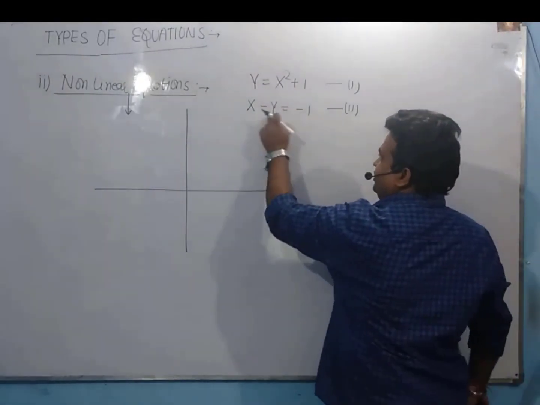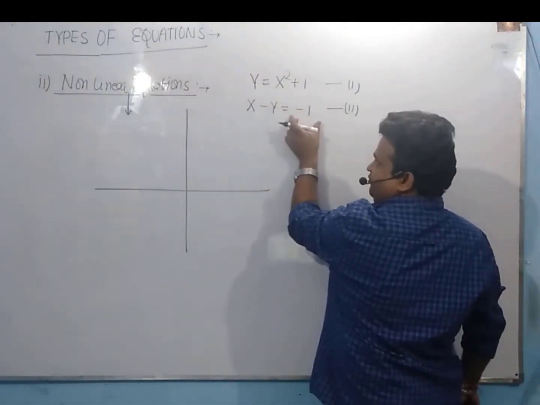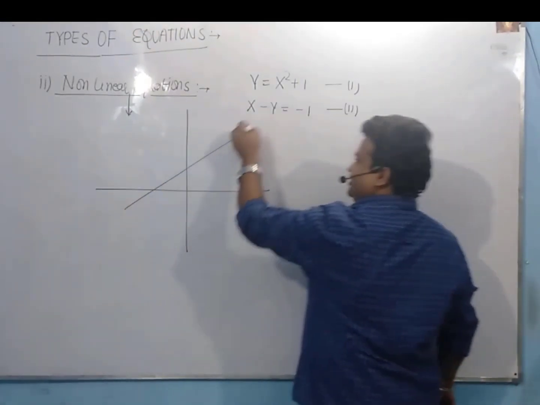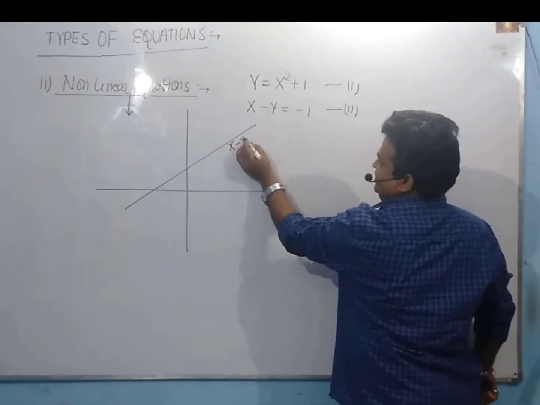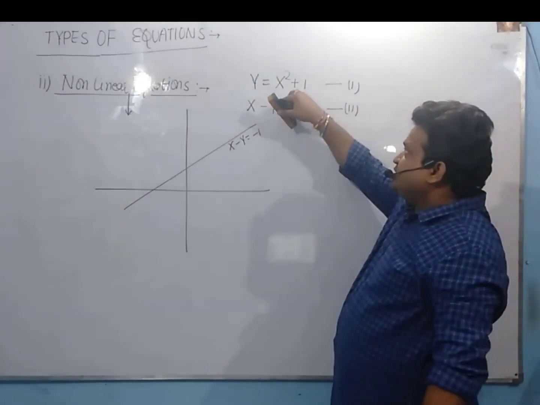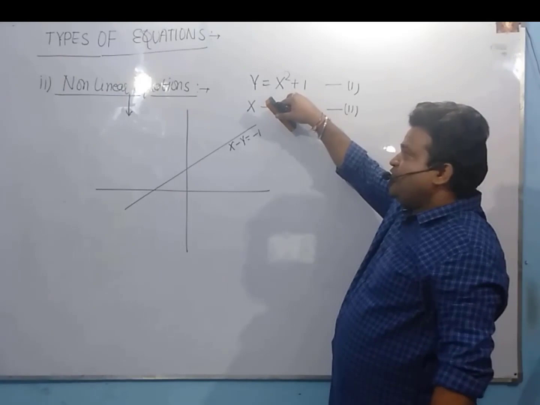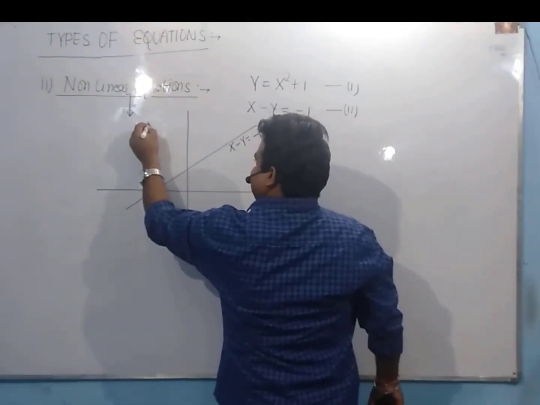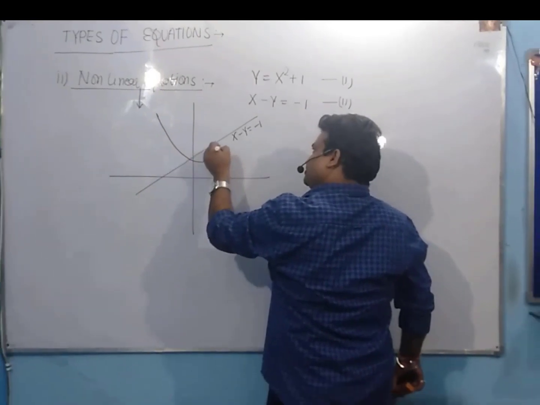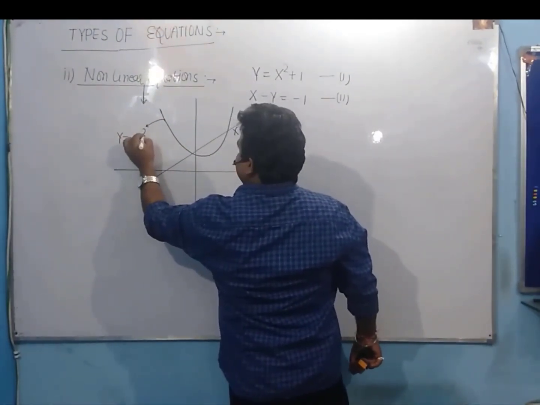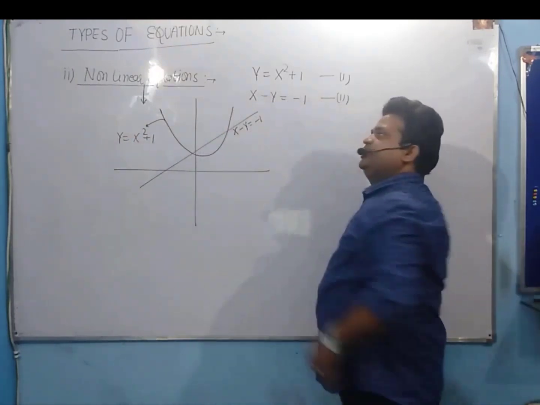If you plot this equation into a graph, you will get a straight line like this. So this is x minus y equal to minus 1. But what is the curve nature of the other equation? You may get it like this. So this is the graph of y equal to x square plus 1, which is not linear.